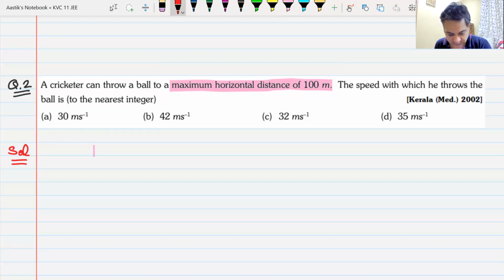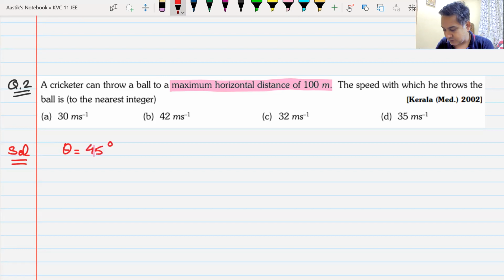Yes, u square by g. In what condition is it maximum? U square by g is correct. When is it maximum? When the angle of projection is 45 degrees.